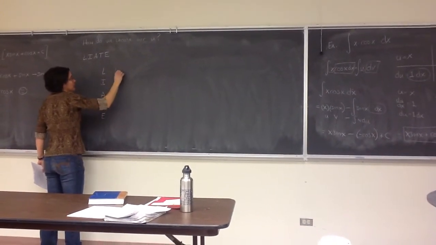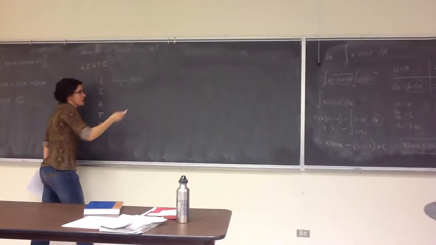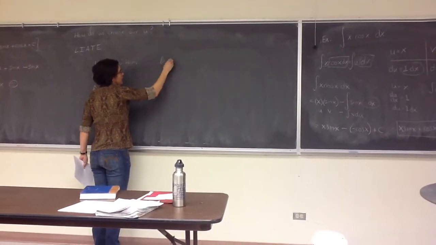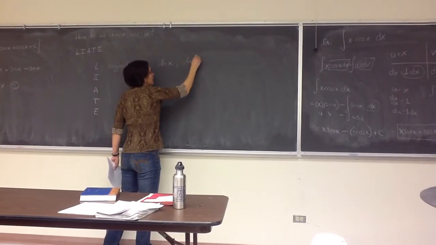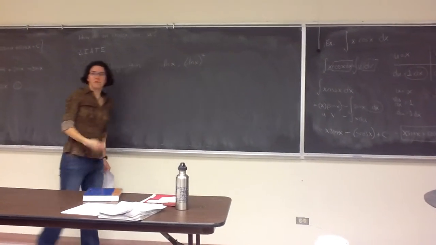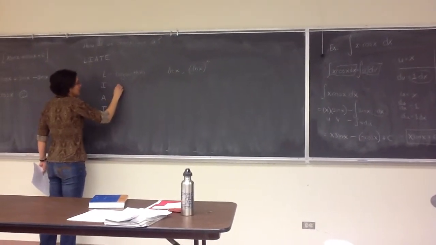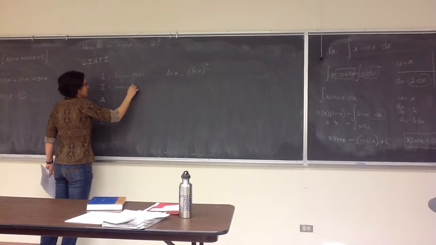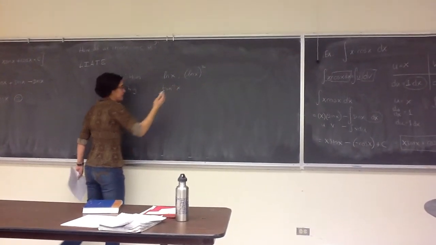The L stands for logarithm. So things such as natural log of x, or natural log of x the whole thing squared, anything that involves a natural log. I stands for inverse trig, so if you see something like arctangent of x, for example.